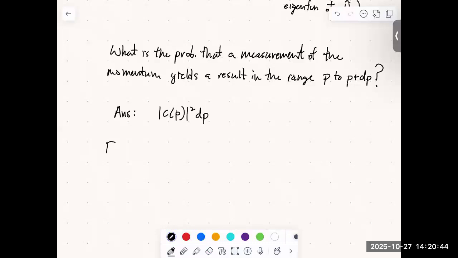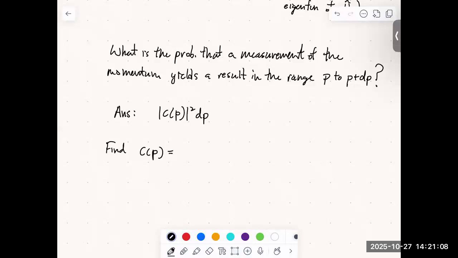And so we have to go about trying to find that coefficient. So remember what the Cp does: if I wanted to write some state in terms of the eigenfunctions of the momentum operator, I would have all those eigenfunctions listed out and they would be weighted by some coefficient.